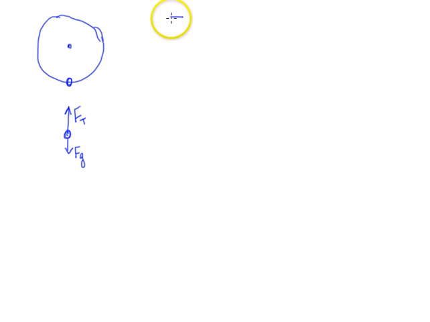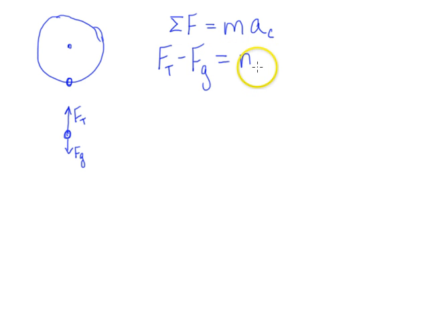So if we look at the net force, and we recognize that that's equal to mass times acceleration, it's centripetal since we're moving in a circle, our net force is going to be force tension minus force due to gravity. That's going to equal mass times v squared divided by r.